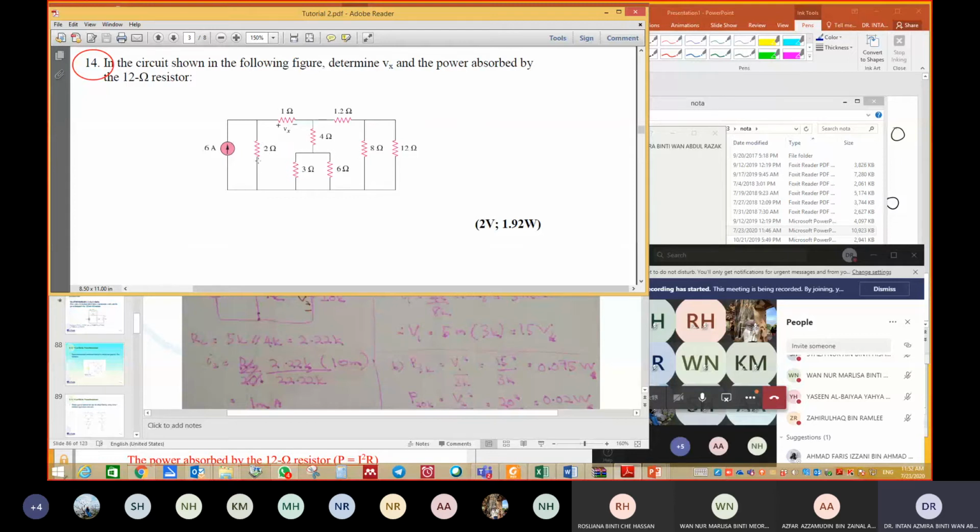It is 2 parallel with 1 and the R equivalent here. It is the simplified R here. Then you can find the current flows through here. After that you can find the Vx of 1 and the power as well. Power is here.